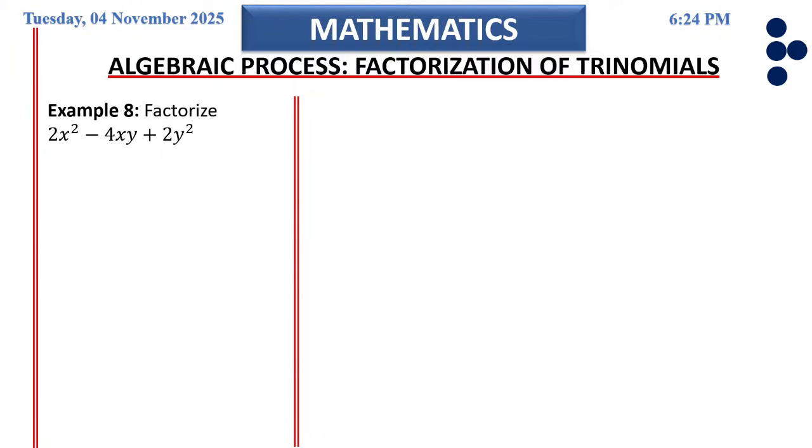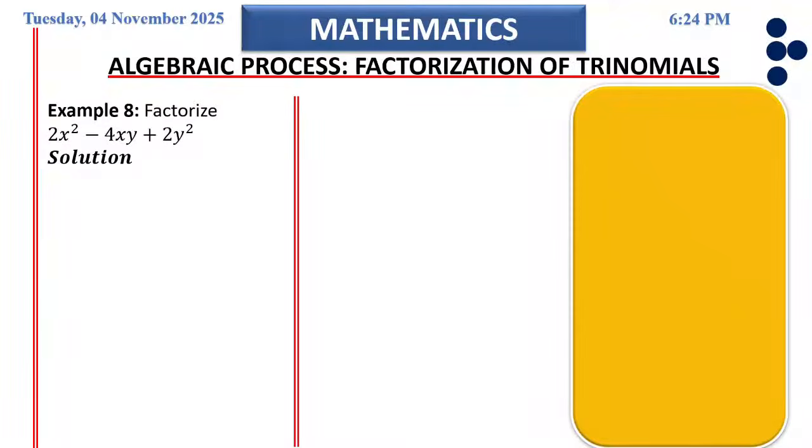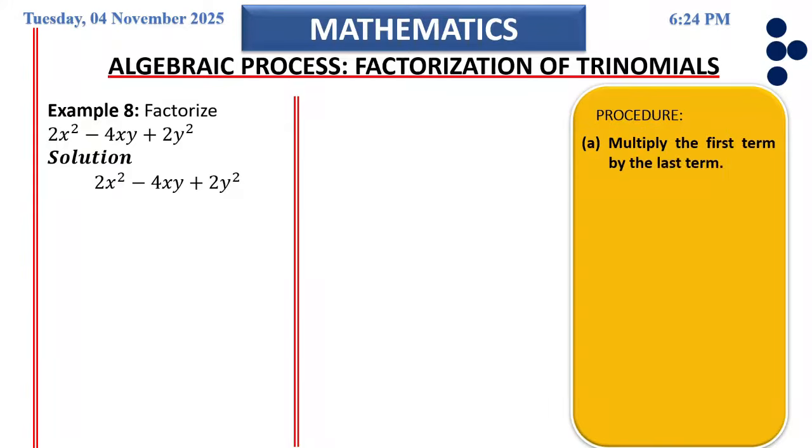Now we have to factorize 2x squared minus 4xy plus 2y squared. If you're solving that, it's the same procedure. The first step is we multiply the first term by the last term.